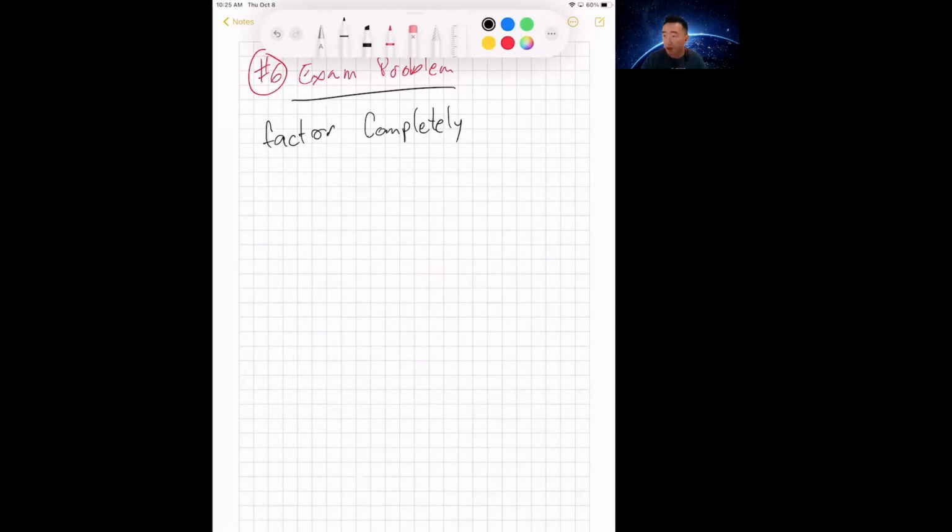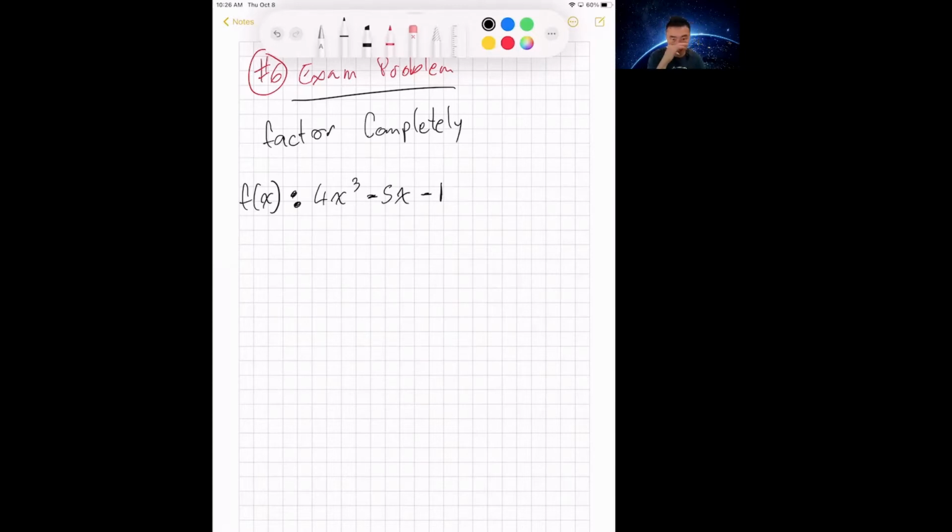Right? And you're going to get a problem like this. 4x cubed minus 5x minus 1, right?